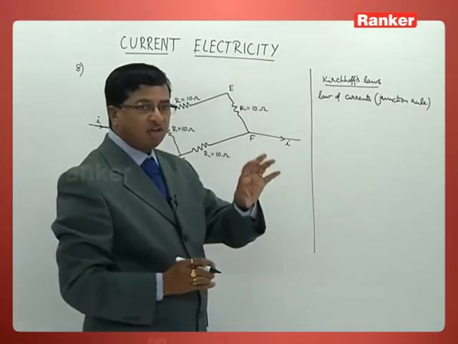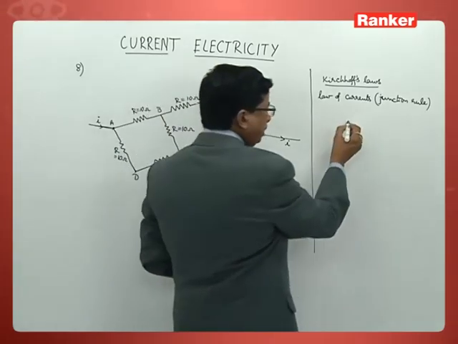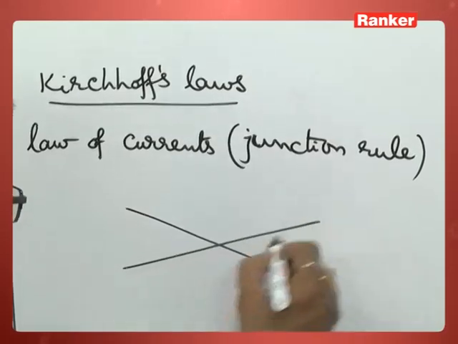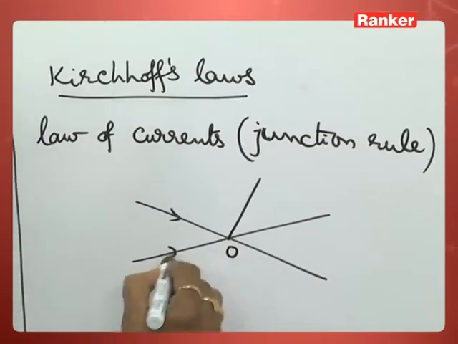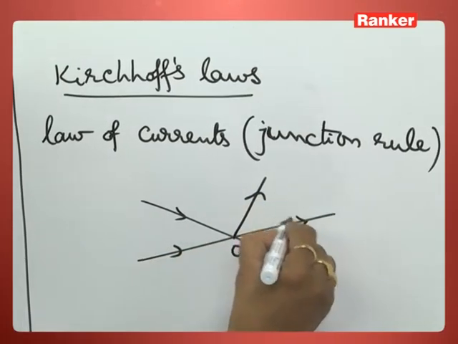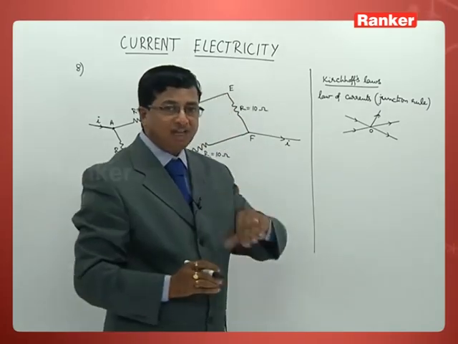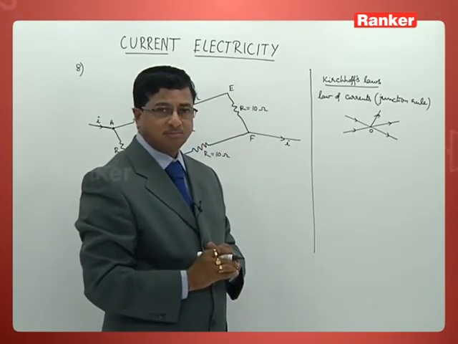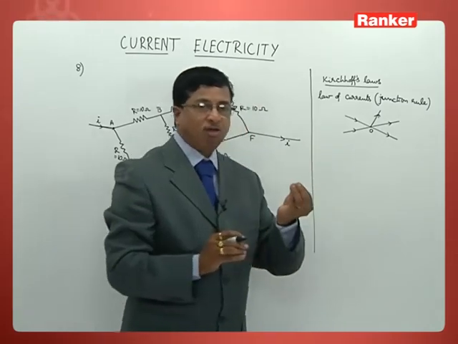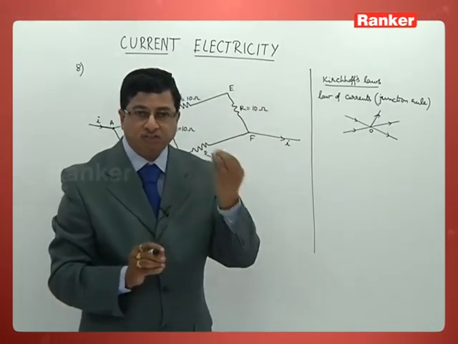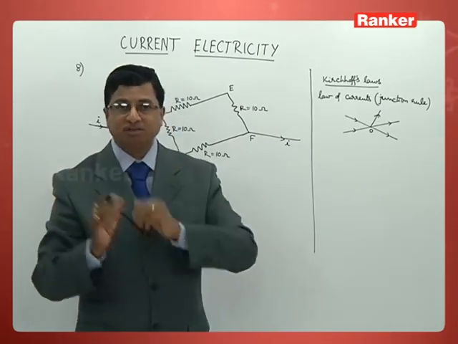What is this junction rule? I will just remind you. When you consider there is a junction here where several currents are leading to that point and several currents are leaving that point. I repeat my statement. Few currents are going towards the point, reaching the point, and few currents are leaving the point.